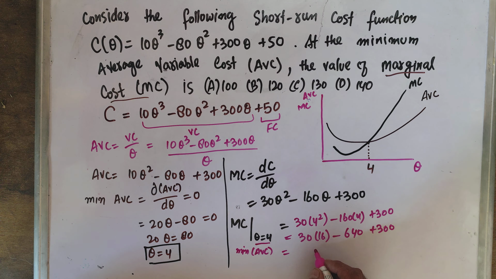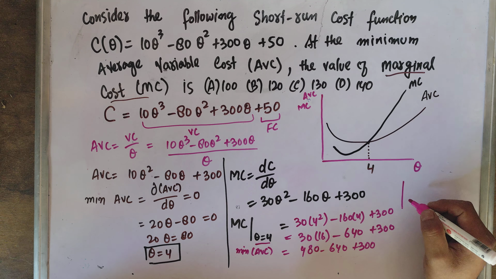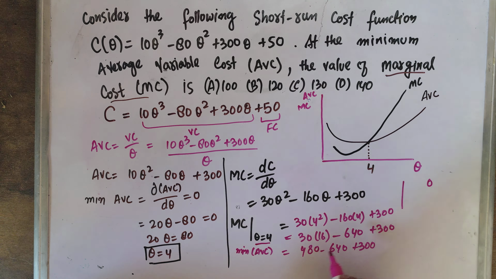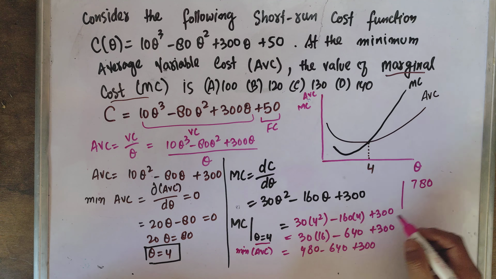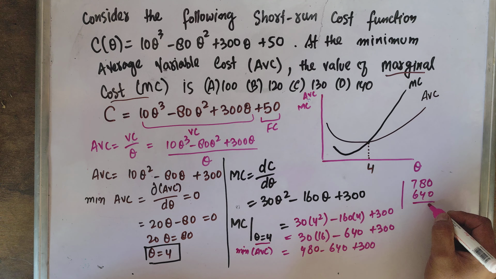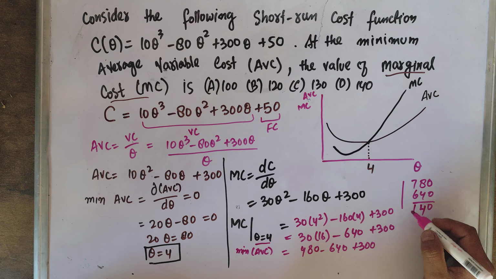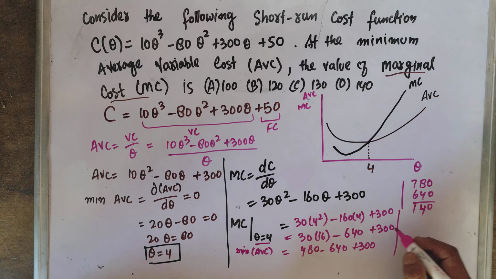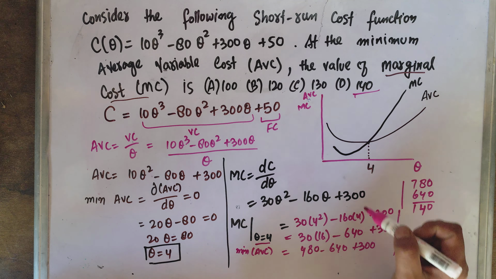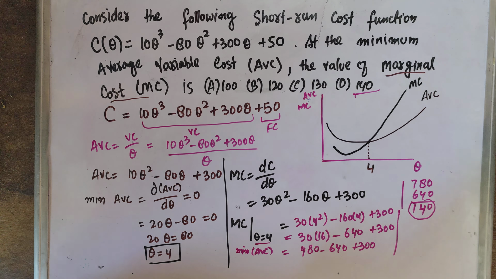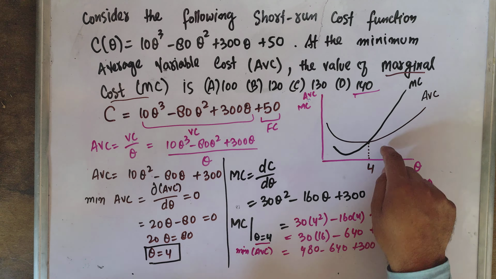Let us do the calculation again. 480 minus 640 gives us minus 160, plus 300, so 140 will be the marginal cost. So the correct option should be this. 140 is the marginal cost corresponding to the minimum of AVC.